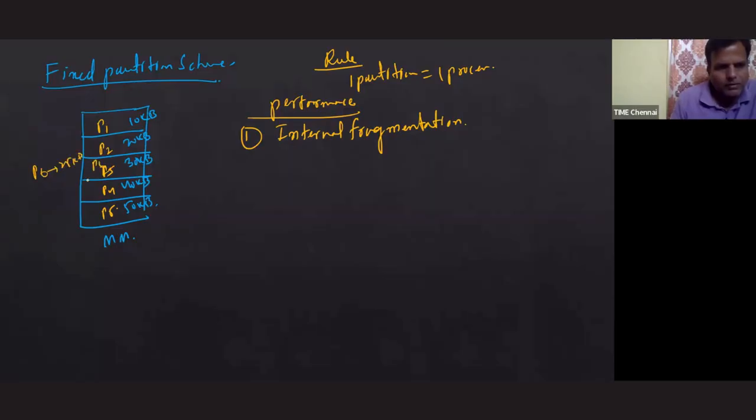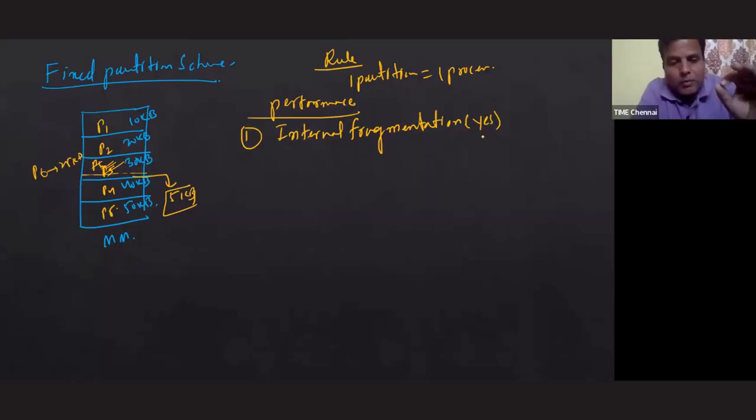I'm keeping process P6 here. How much space is it capturing, sir? 25 KB. So 5K is going to waste. This is called internal fragmentation, because the rule is one partition equals one process. So internal fragmentation is there, which means wastage of memory within the partition.